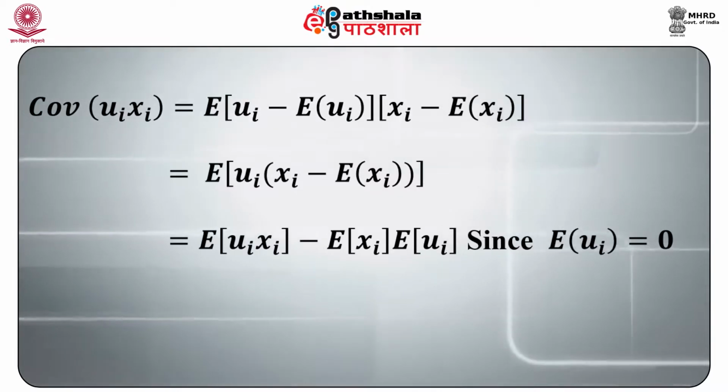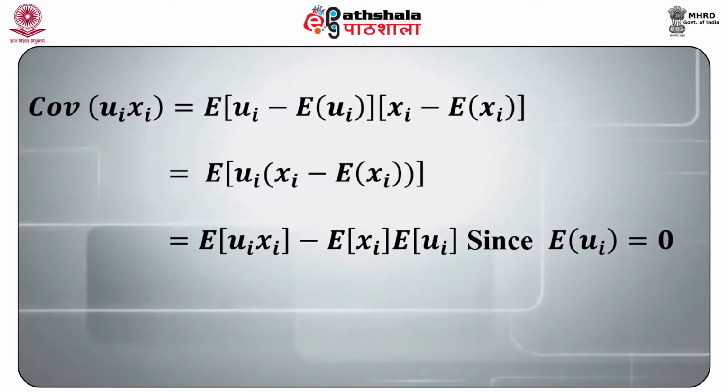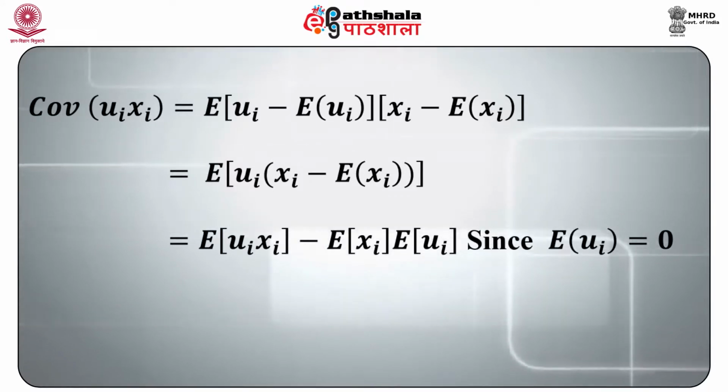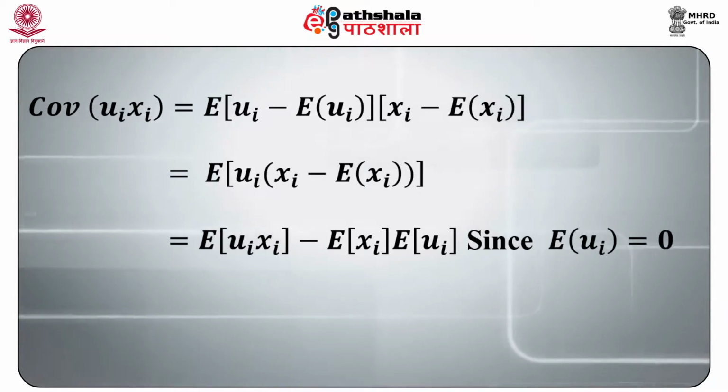Therefore, it can be written as expected value of mu i xi minus expected value xi into expected value mu i. Since expected value mu i is 0, this is equal to 0 by assumption. Hence, the covariance between mu i and xi is equal to 0.